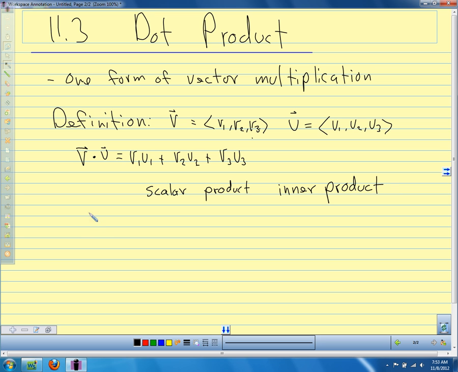One important thing to remember, and every year people forget this, especially on the test: the dot product is a scalar. It's not a vector. We're adding up the components here, so our dot product always gives us a scalar.